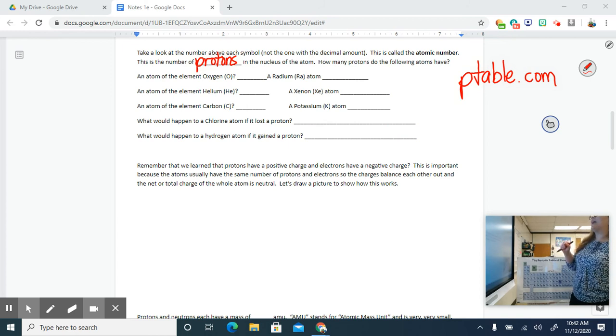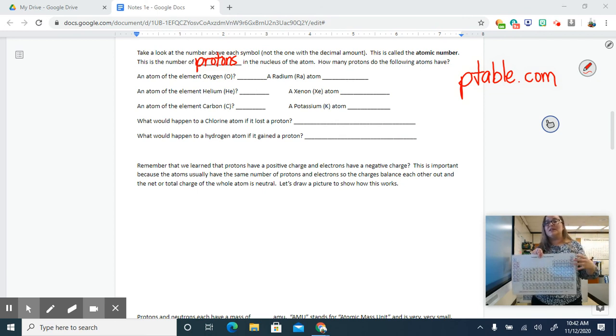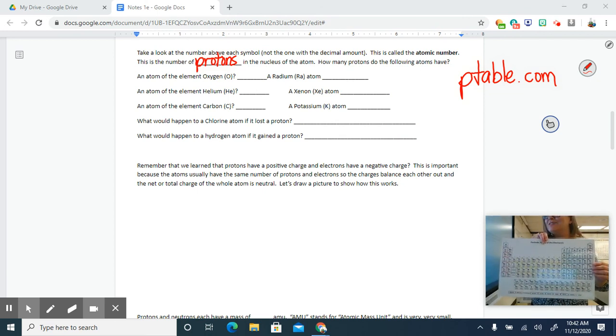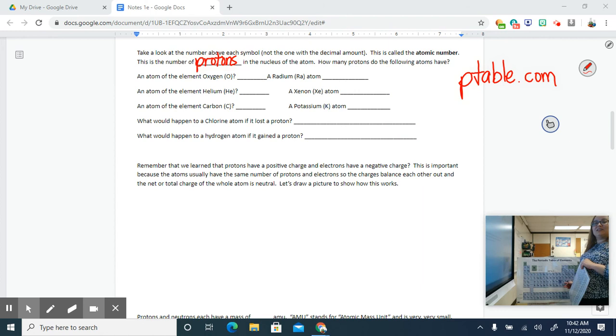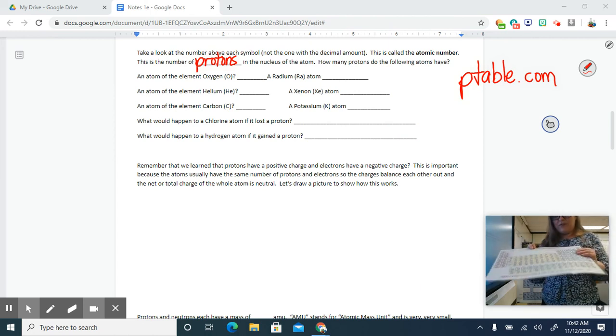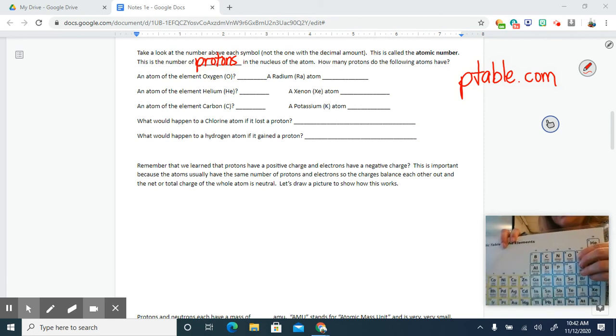So if we look at our atomic number for each of these elements, what are the protons for each of these? So I want you to go to ptable.com, or scroll up and use the periodic table that's above it in the notes if you can see it. I'm going to try to show you here. I tried using this, but I don't think this is going to be clear enough. So we're going to give this a shot. All right, so we're going to start with oxygen. Oxygen right there.